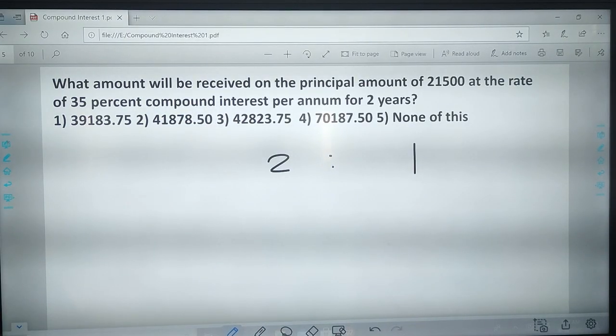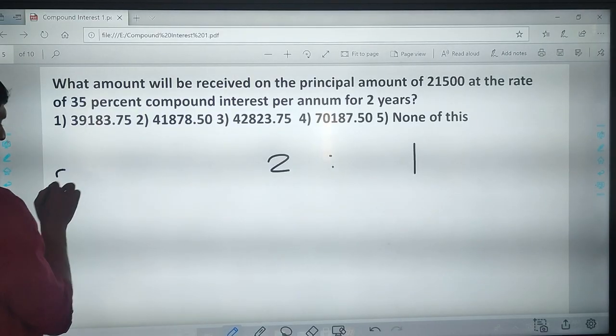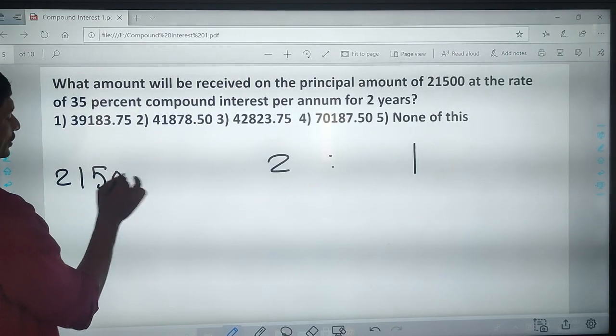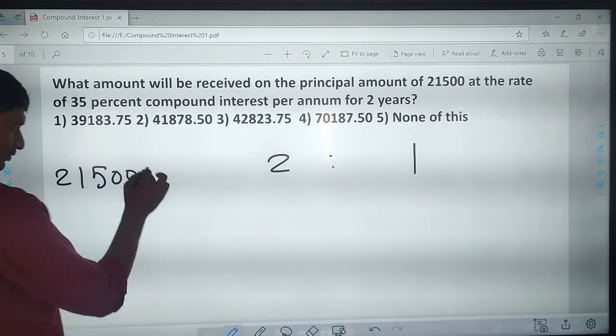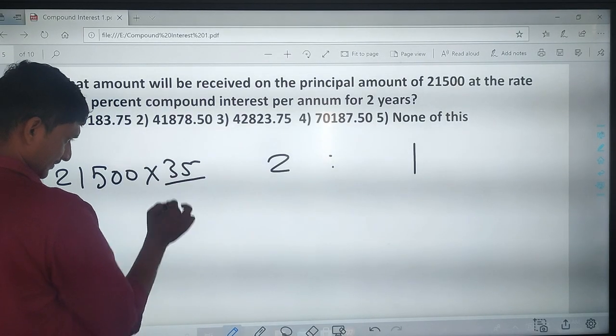Now here we write. Firstly, your principal is 21,500. We take 35% of this.